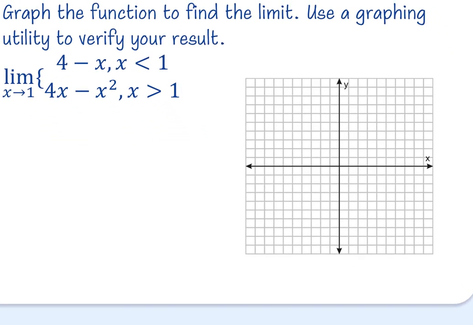I have two parts. The first says where x is less than 1, I want y to equal 4 minus x. So if I'm going to graph that, y equals 4 minus x, what kind of graph is that? It's a line. How do I graph it? I go up 4, I plot a point, and my slope in this case is -1, right?